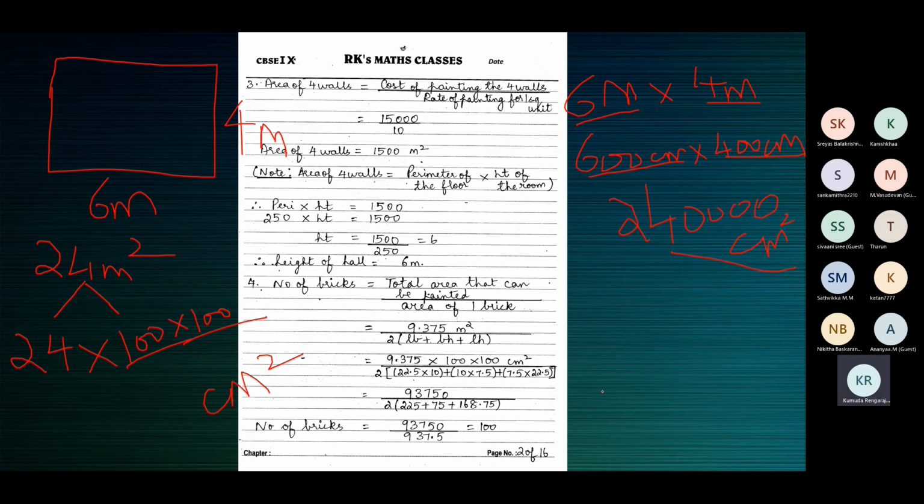That's why we multiply with 100s, 100 two times. Meter square to centimeter square, into 100 into 100, because meter to centimeter we multiply by 100. Meter square to centimeter square, do it two times.